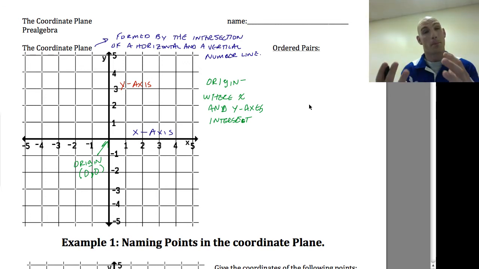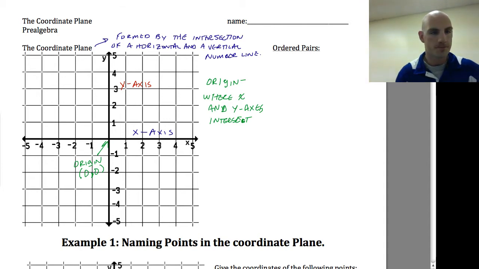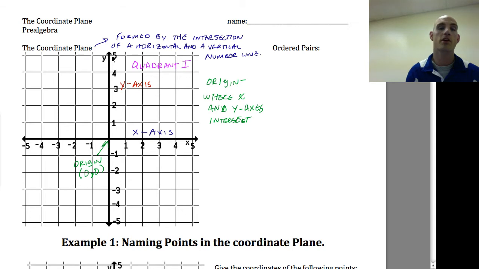That cuts our coordinate plane into four distinct parts. What are those parts? That's a great question. In pink, this is quadrant 1. And we typically use Roman numerals for this. And we're going to go counterclockwise. So this is quadrant 2.